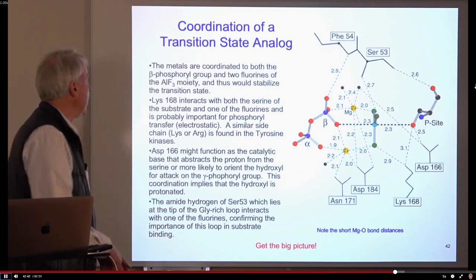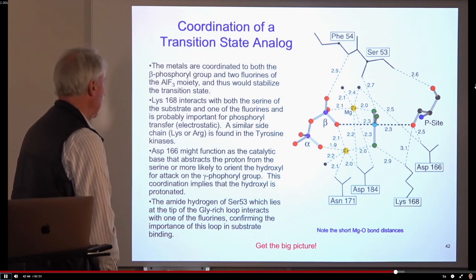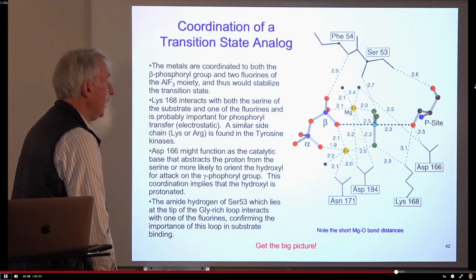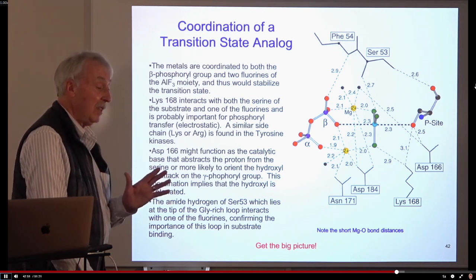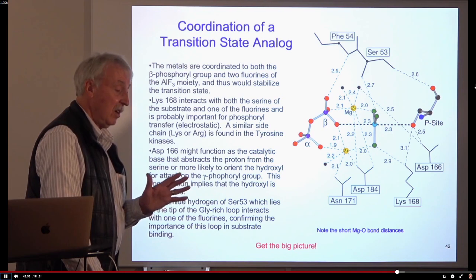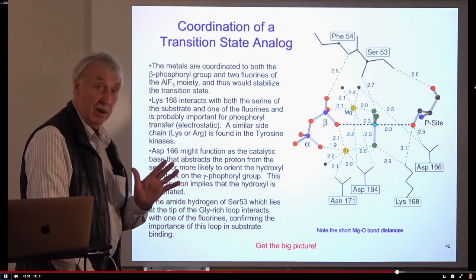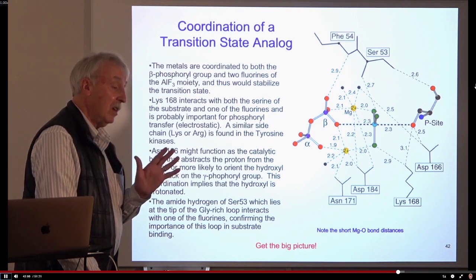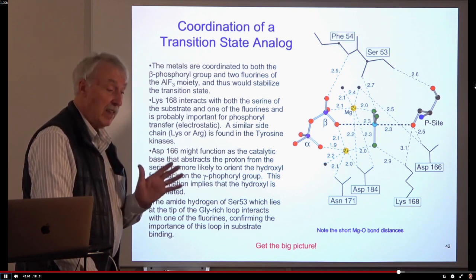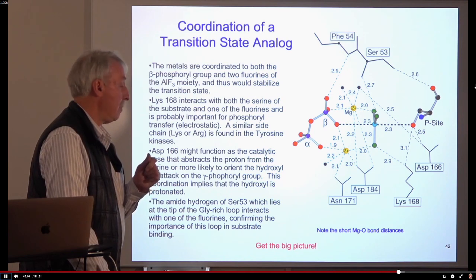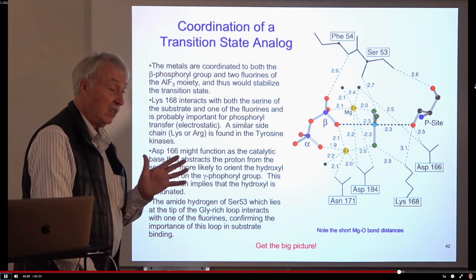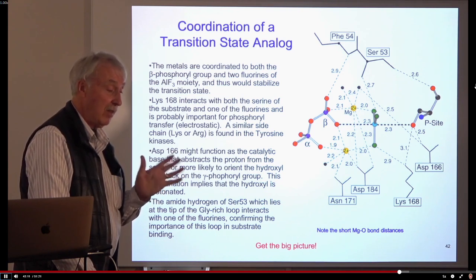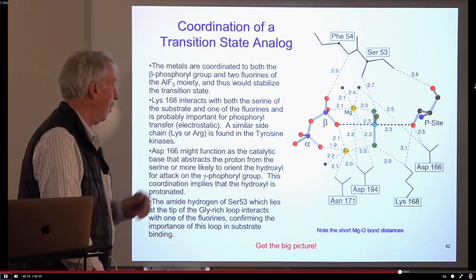If we look at the coordination of the transition state analog, we can learn a lot by studying this carefully. It tells us a lot about how these enzymes transfer the phosphoryl moiety to their acceptor substrate. It also tells us a lot about regulation of these enzymes. Kinases are highly regulated, and they also don't spontaneously hydrolyze ATP. Their spontaneous hydrolysis rate of ATP is exceedingly small.